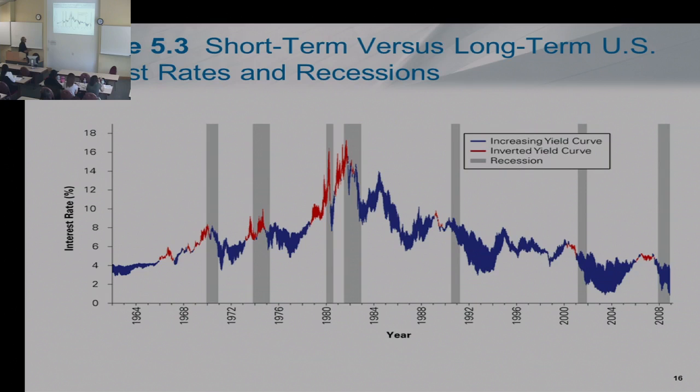So all that's saying is that investors are rational. And if there's going to be a recession, would you rather hold risk-free government bonds or risky shares? Government bonds. You'd rather hold risk-free government bonds. So if you're going to hold risk-free government bonds, that pushes the price up.